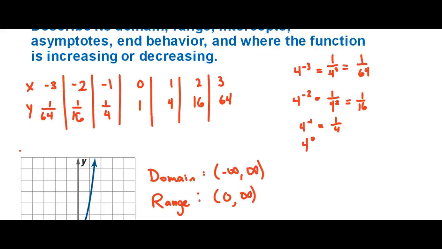So there's no x-intercept, but the y-intercept, it does cross the y-axis, where y equals 1 and x is equal to 0. So we have a y-intercept at the point (0, 1), where y equals 1.